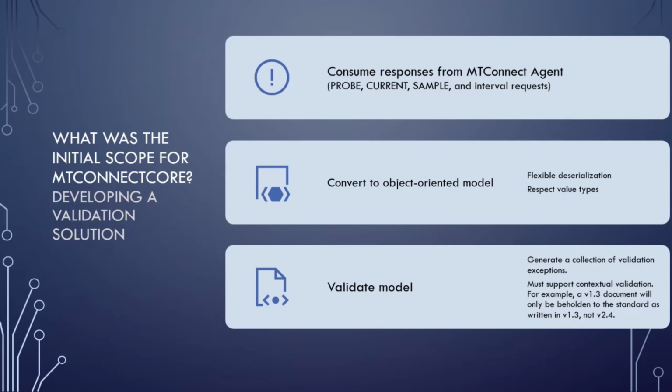So if there are things that were deprecated since version 1.3, we didn't find it appropriate that you would say that that's a bad implementation because it was intended to be a 1.3 implementation. So we wanted to add that support as well of contextual validation.